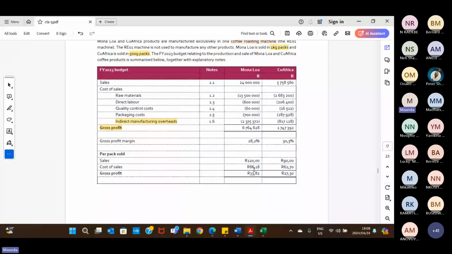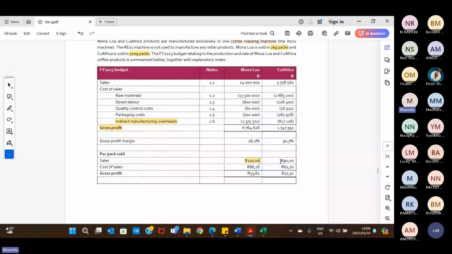So per unit. If 1 unit is 1 pack, this is my sales amount per unit. So if I'm going to my plan in my required, and I have to calculate either the contribution or use sales per unit, the sales per unit for M and for C are already given.